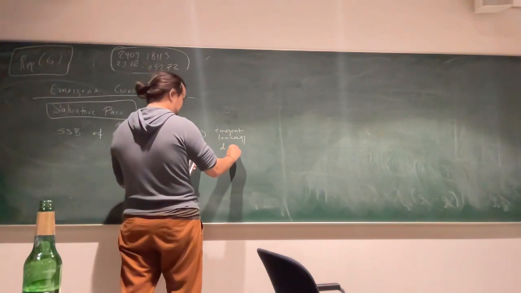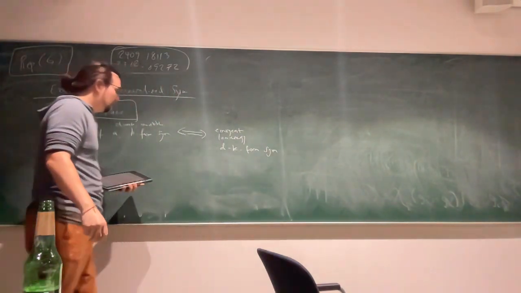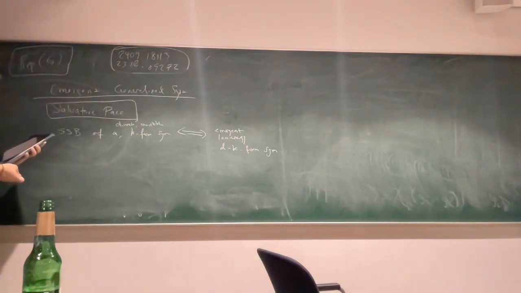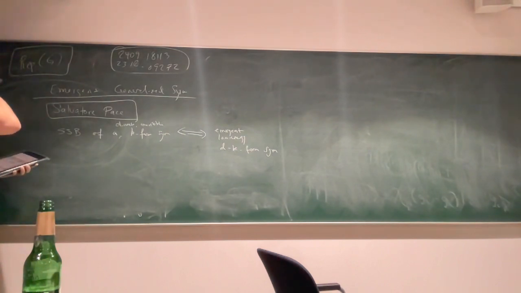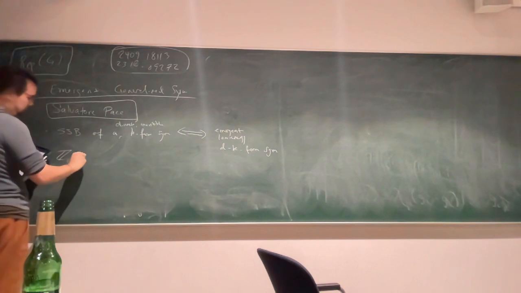It will be a d minus k form symmetry. So one way that you could do this is with a Z2 symmetry in the Ising model.